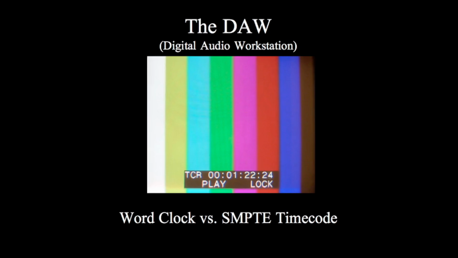The other significant difference is the speed. SMPTE is 24 times per second, at least. Word clock is at least 44,100 times per second. The fastest SMPTE ever gets, if you're making a super fancy movie like James Cameron or something, is 48 frames per second.